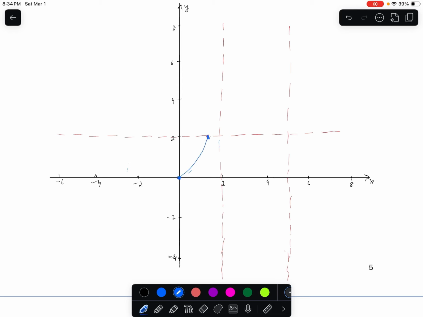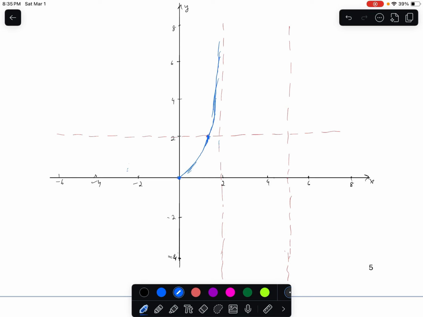That makes sense? Something like that. Remember, it has to hug the asymptote far away up there. So something like that. Okay, so now how should we go from here?